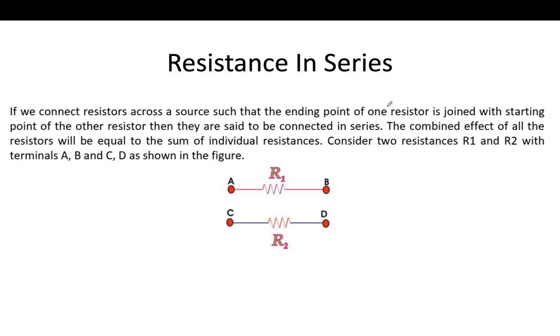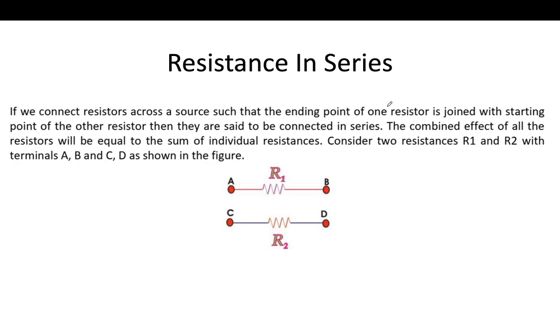In our previous chapter we studied what is resistor, what is resistance, and what are the symbols for that. From this symbol you can clearly understand that here we are talking about the resistor. So what is resistor or resistance in series?